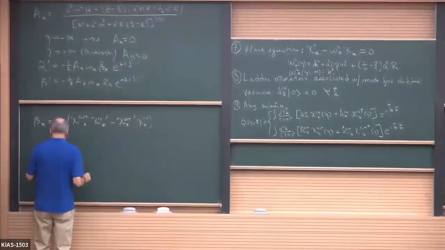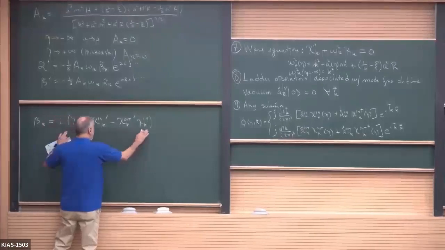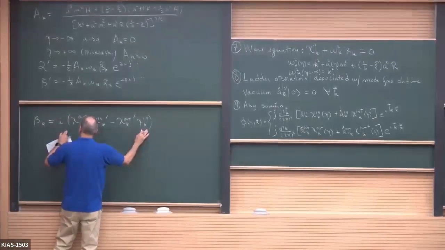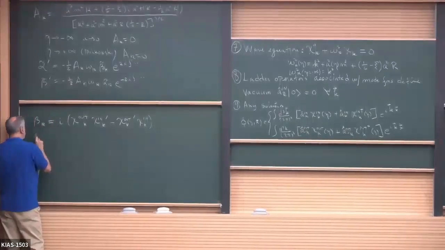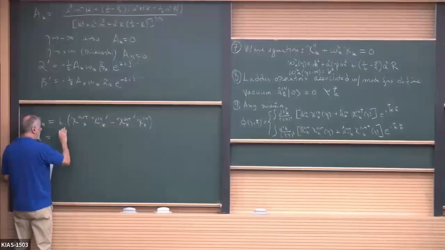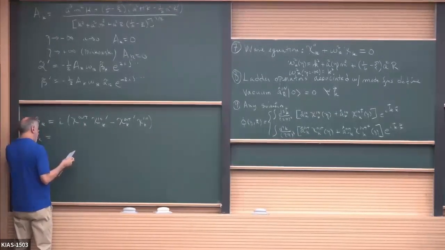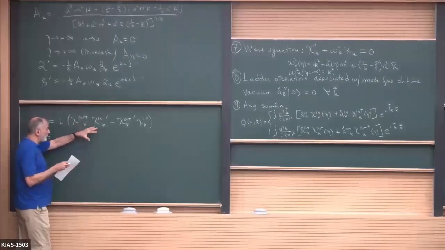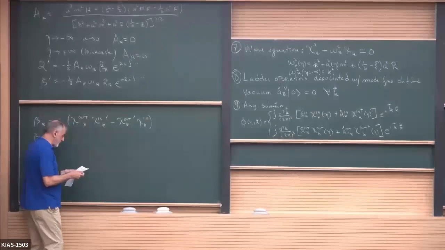And we can evaluate the right-hand side as eta goes to infinity. As eta goes to infinity, the Bogolubov coefficient is static, but the right-hand side looks like it varies with time, but it doesn't. The time variation cancels.